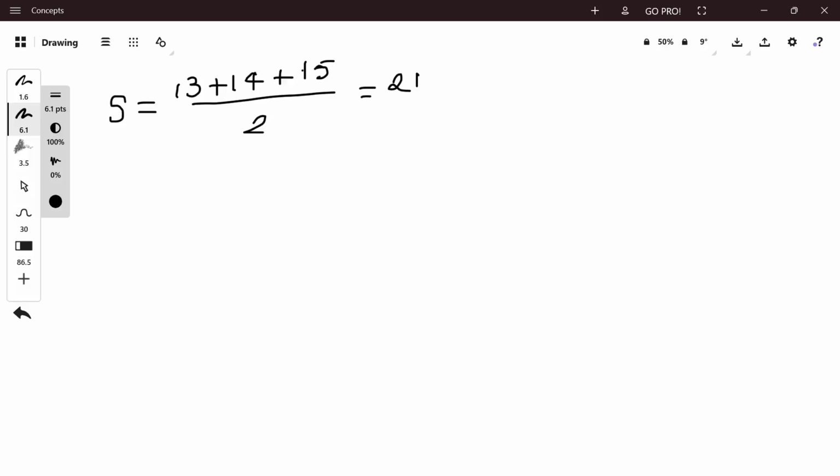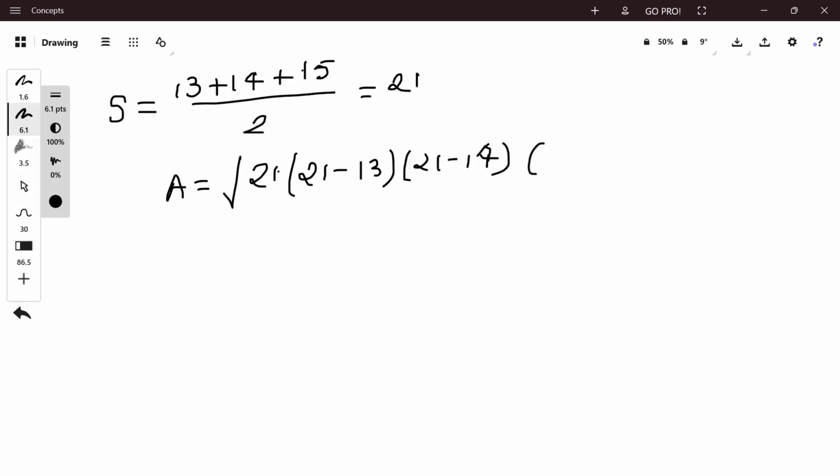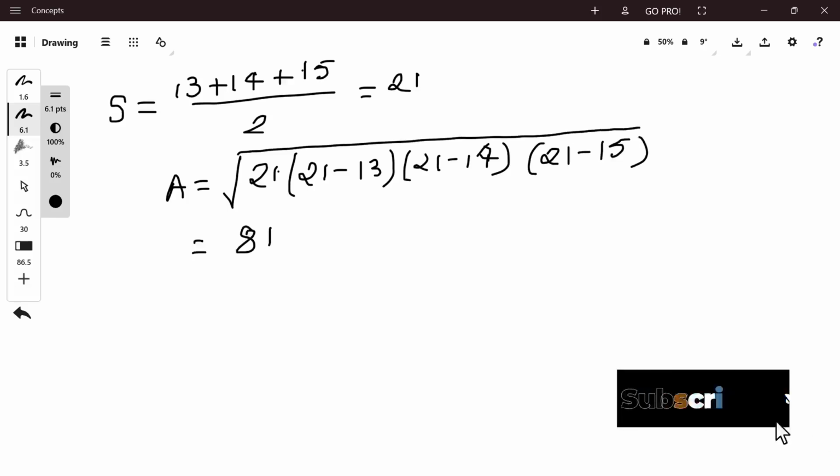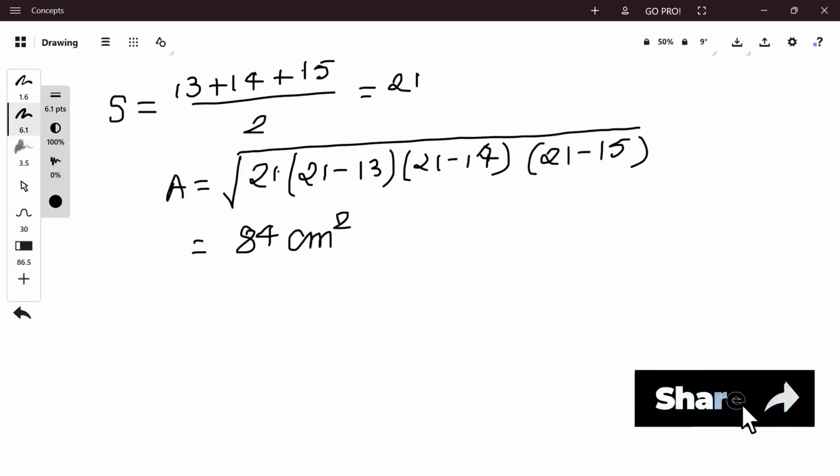Using Heron's formula, area A is equal to root of s(s minus a)(s minus b)(s minus c). That is equal to 84 centimeter square.